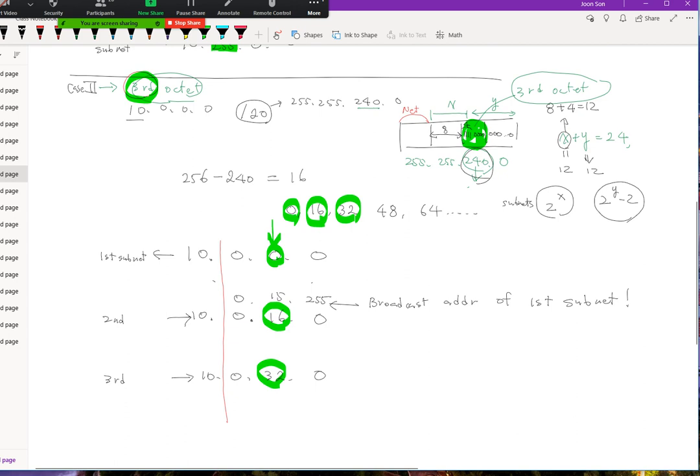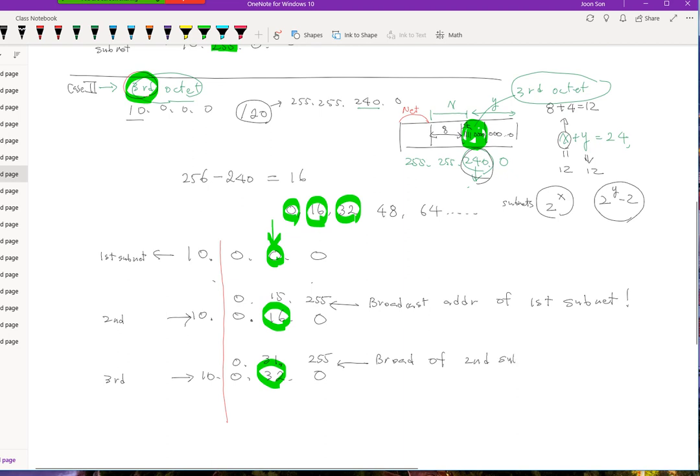Okay. And then obviously I can ask you the broadcast address of the second subnet. It's 0 dot 1 less, right? 31.255. Okay, so any question? Basically that's the idea, right?